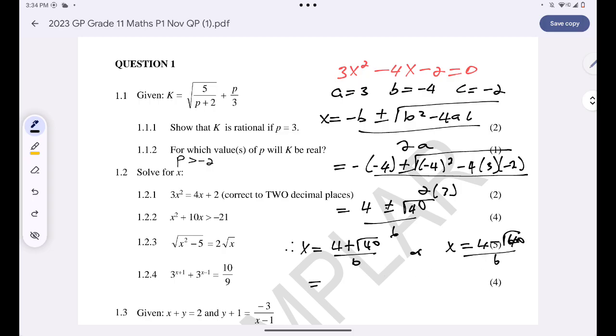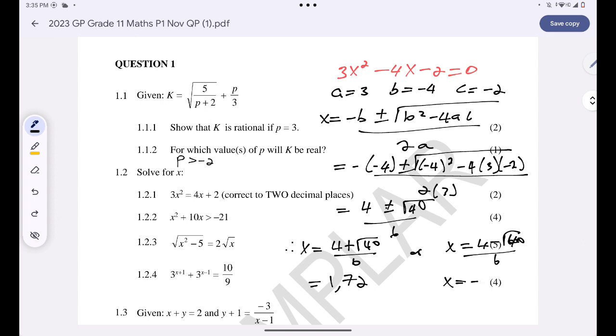Then I just punch my calculator and round off to 2 decimal places. I have 4 plus the square root of 40 all over 6. This will give me 1.72, and then another x value, it's 4 minus the square root of 40 all over 6.